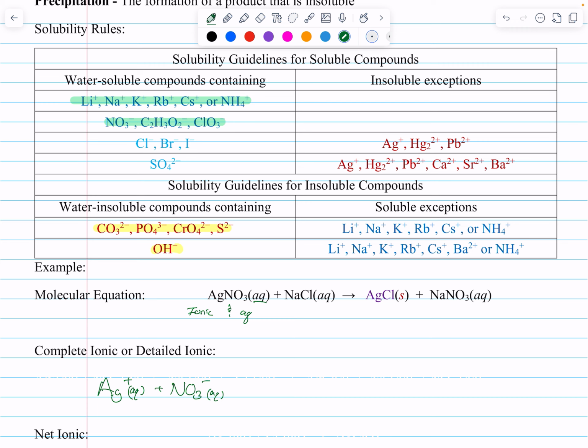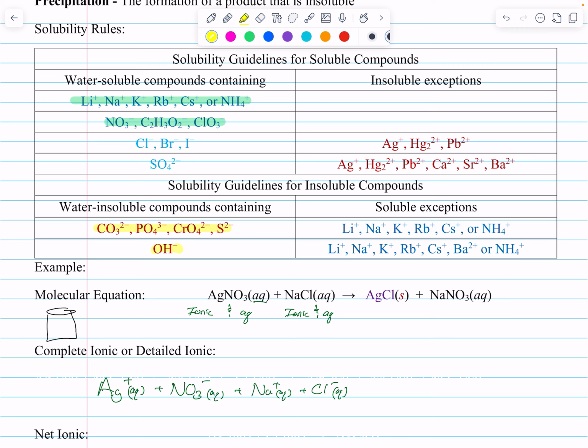Now I got to look at NaCl. NaCl, that would be ionic, and AQ, aqueous. So that means I'd get Na plus Cl minus.